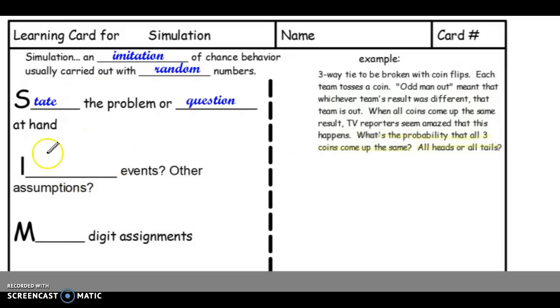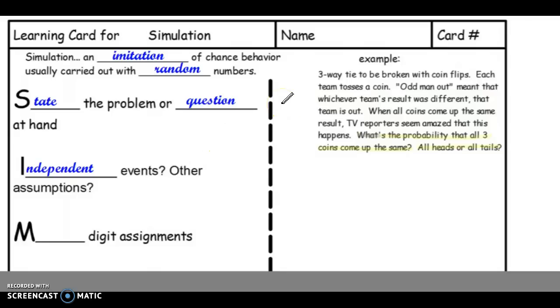The second thing that we want to look at is the I right here. And the I stands for independent events or other assumptions. We're going to focus on the independent events. What we really want to know with independent events is whether the events are independent or dependent.